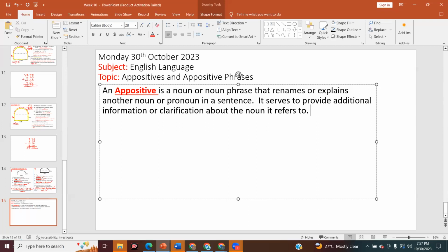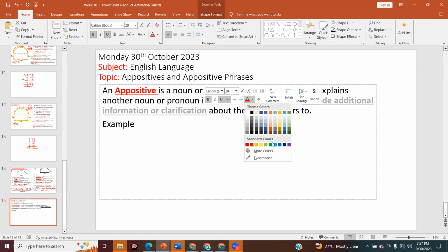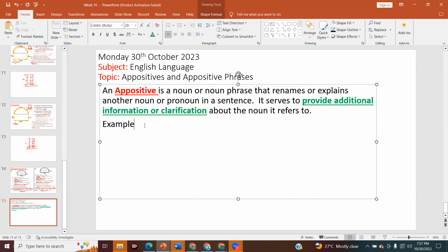So let's look at an example. The purpose of an appositive is to provide what? Additional information or clarification to a particular situation. So you add an appositive to your sentence to help your reader understand more about what you're talking about.